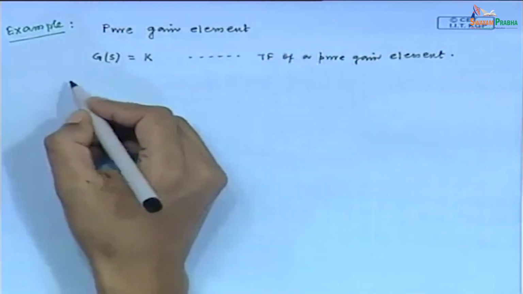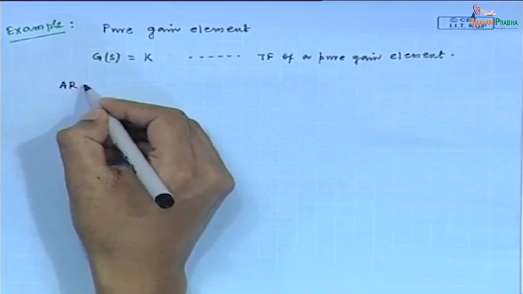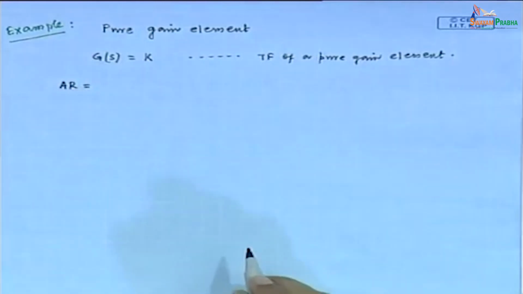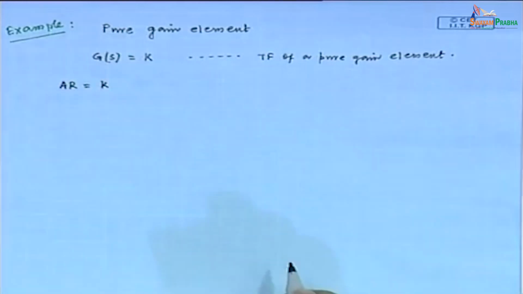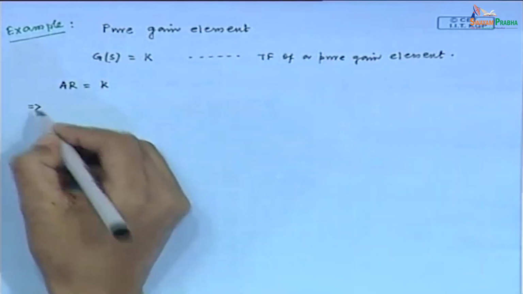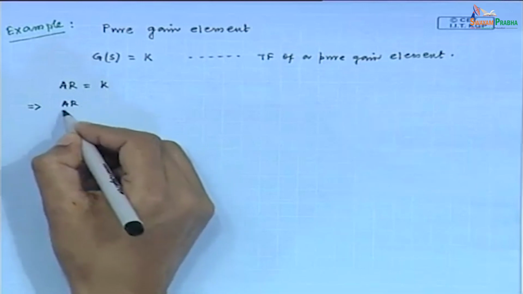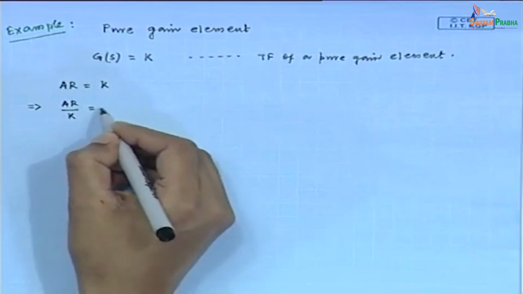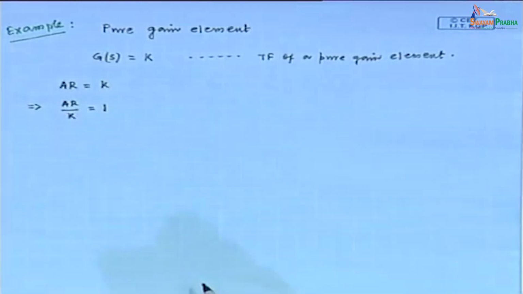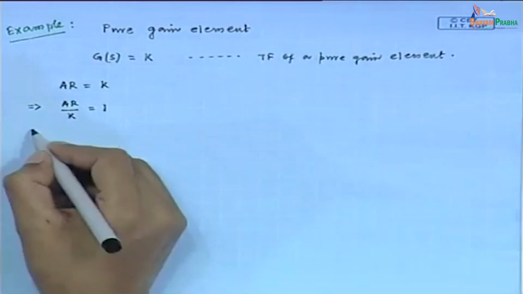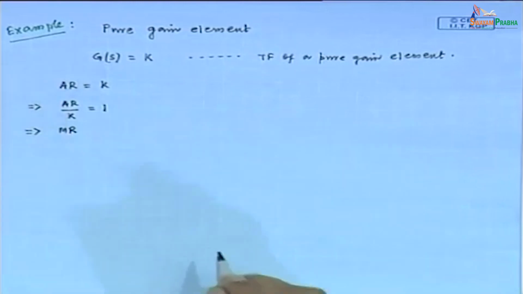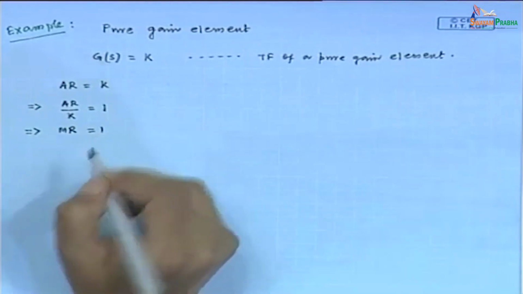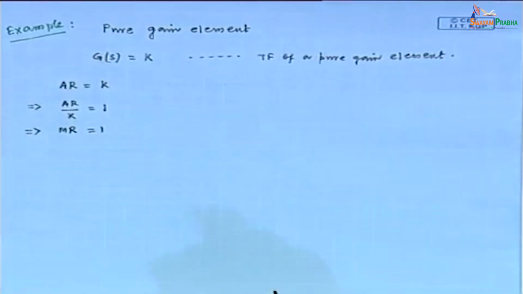We can directly find the expression for amplitude ratio. What is amplitude ratio? k. So, we can write this again as amplitude ratio by k equals 1. So, here amplitude ratio by k is the magnitude ratio. That means magnitude ratio is equal to 1.